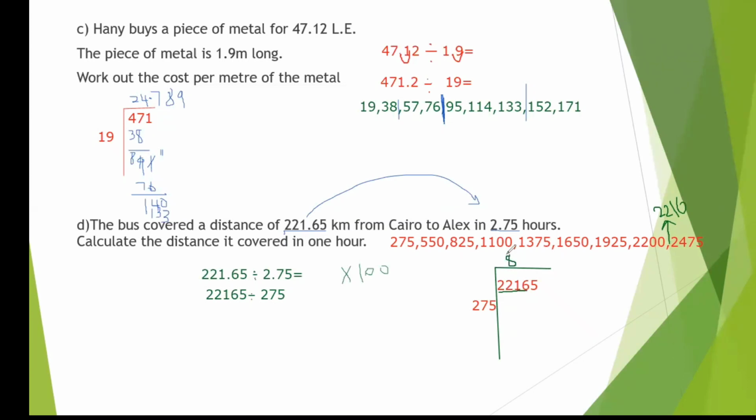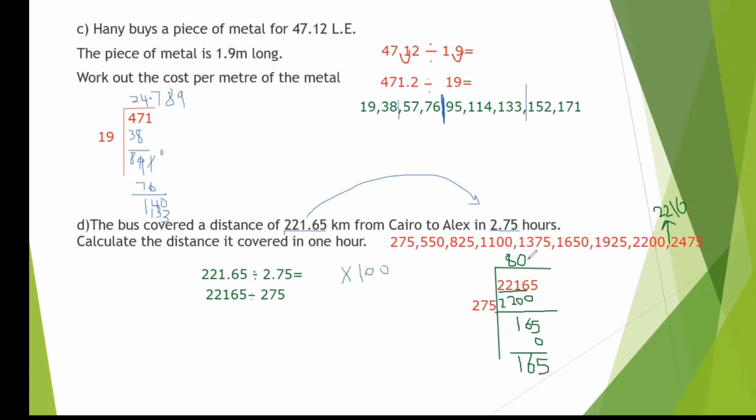8 times 275 equals 2,200. Now let's subtract. 16. Let's get down 5. 165 is smaller than 275, so put 0. Then multiply 0 by 275 is 0. Now subtract 165.